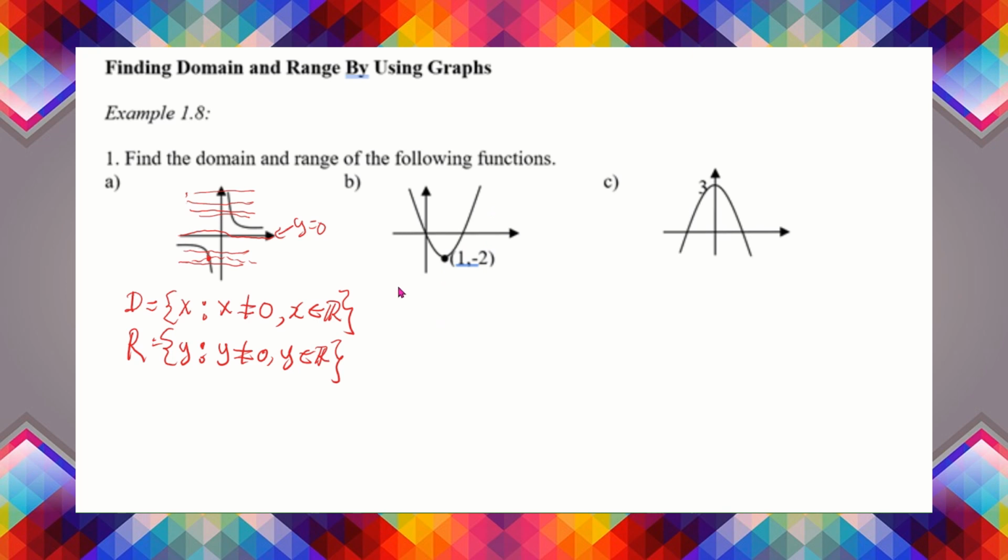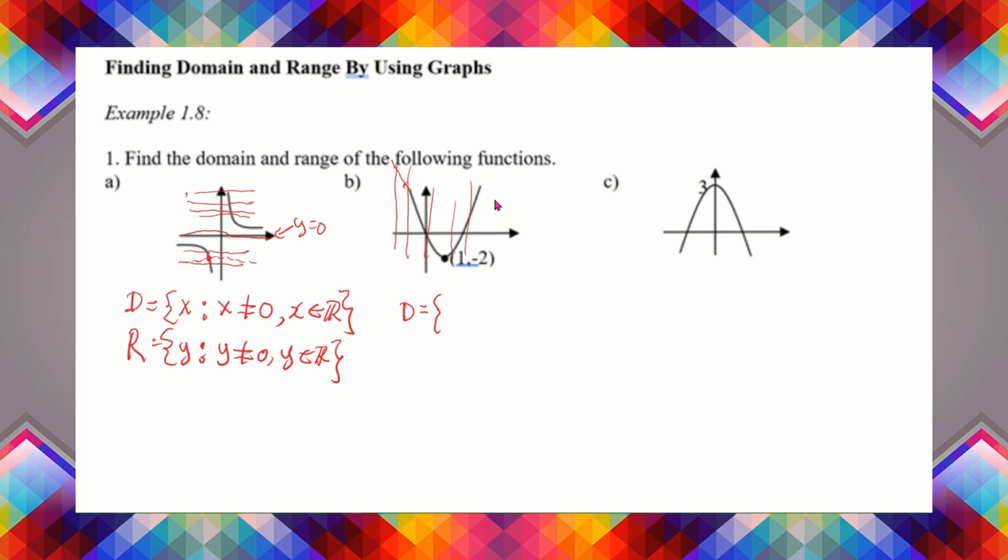Now we go to B. Same thing, if you want to find the domain, we imagine drawing a straight line somewhere here. Even though the curve extends, this vertical straight line intersects with the curve here and here.